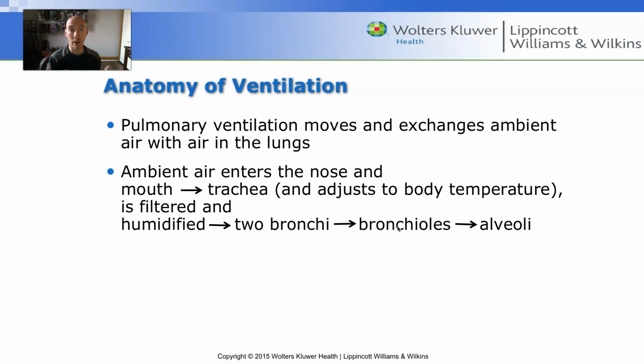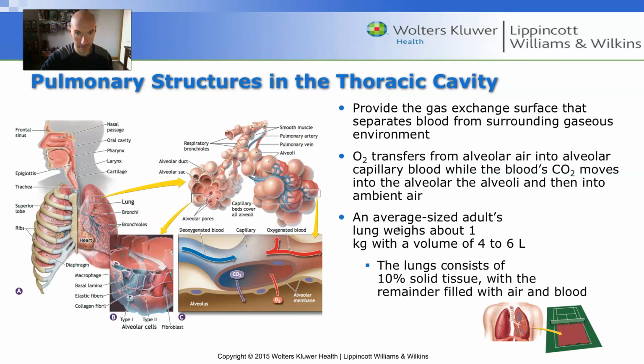So within the alveoli, these individual air sacs, that is where the gas exchange occurs. O2 moves from the lungs to the blood, and then CO2 moves from the blood back into the lungs where it can be expired, okay? That's the basic physiology of how ventilation occurs.